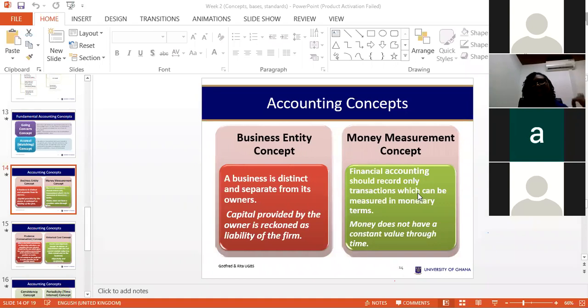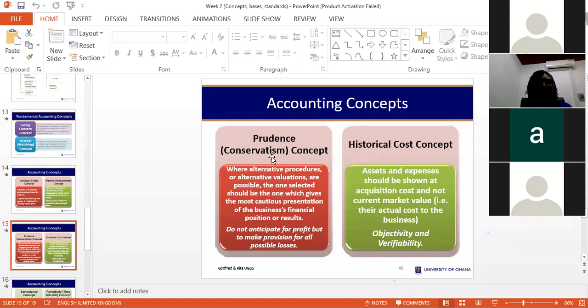So the skill I had and the skill you have are the same, but the money value has changed because of time, the time value of money. So that is it with the money measurement. But basically, we assume that we quantify every activity in order to record it.